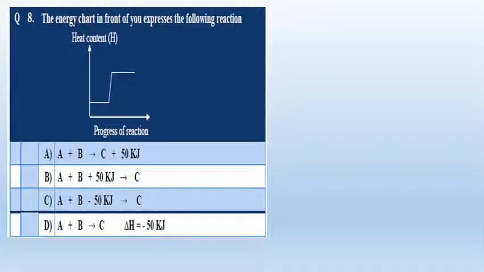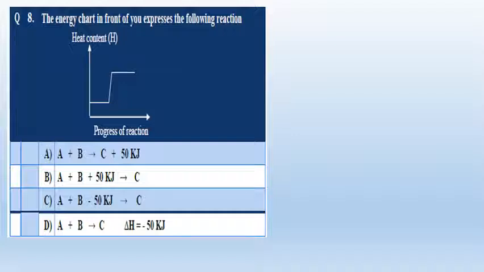Question 8. The energy chart in front of you expresses the following reaction. From the chart here, I can conclude that the reaction is an endothermic reaction, so the reactant absorbs an amount of heat energy.